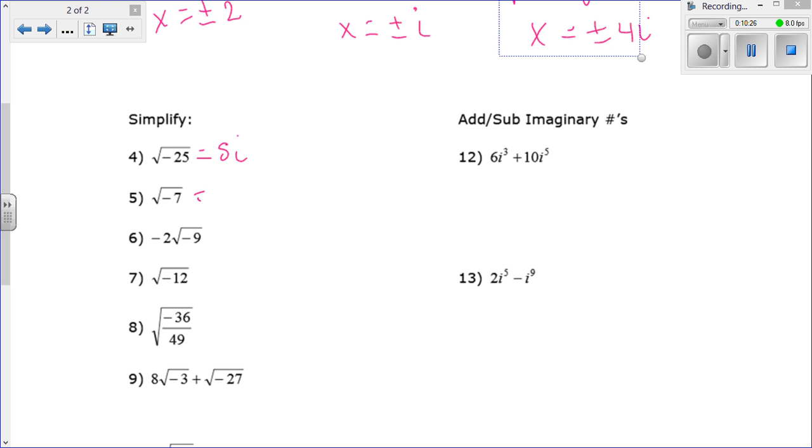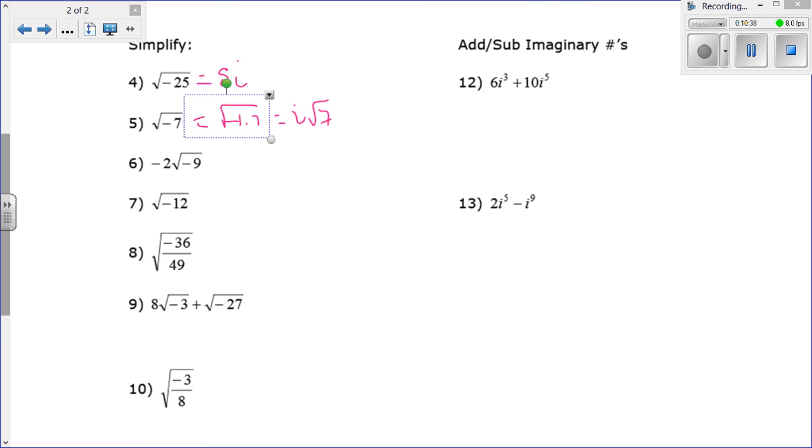For number 5, this is like saying negative 1 times 7, so it becomes i radical 7. For number 6, this is going to be negative 2 times the square root of negative 9 is 3i, so it's negative 6i.